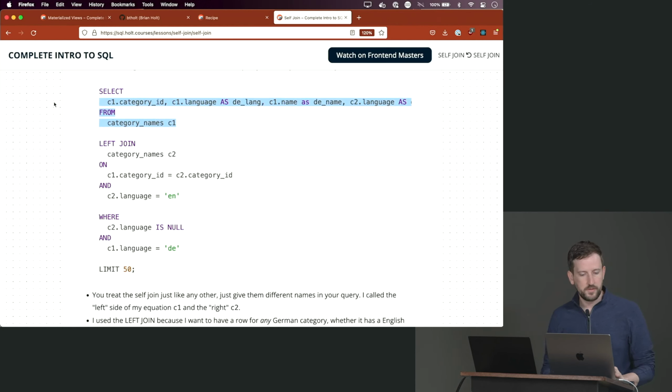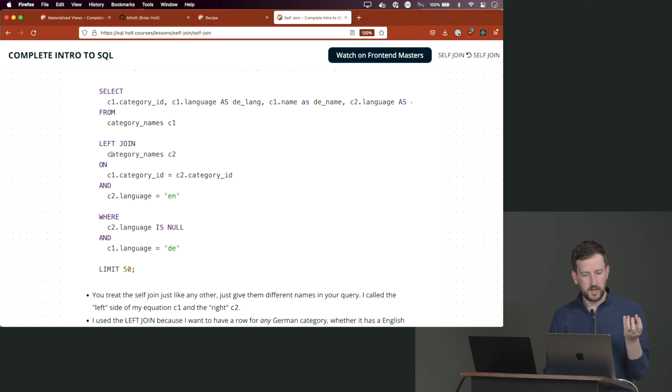As far as Postgres cares, these are two separate tables. It does not care that it's actually the same table. So that's why we have C1 and C2. The first thing when I do the where here, I make sure that everything in the result set from this C1 is just German words in the category names table. So my first result set, my first table, if you will, is just German words.